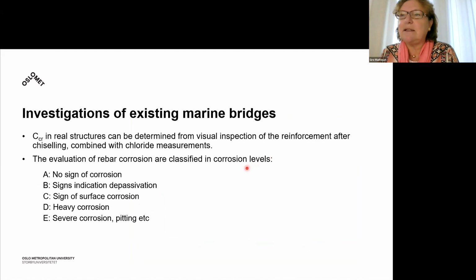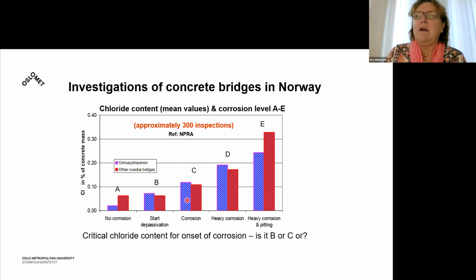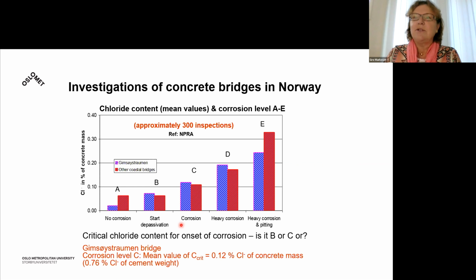So it seems that for that type of bridges and the quay structure, in more or less the same environmental situation, the onset of corrosion was rather similar, 0.77 or 0.76 here.